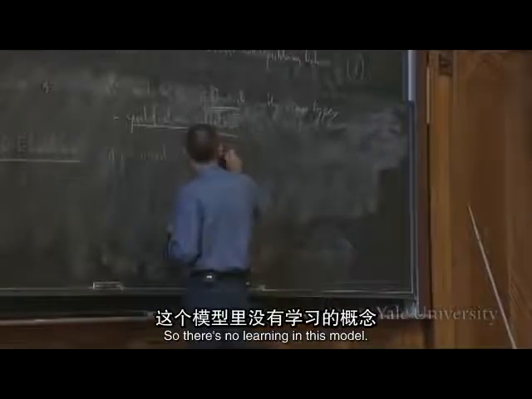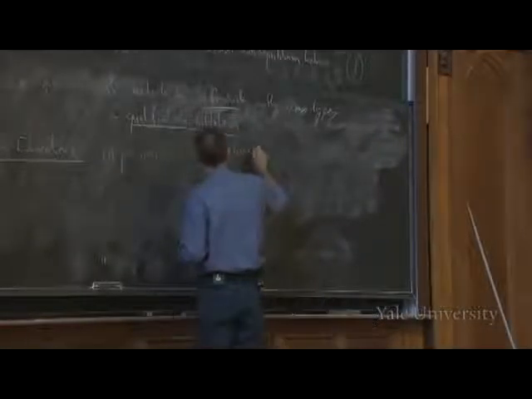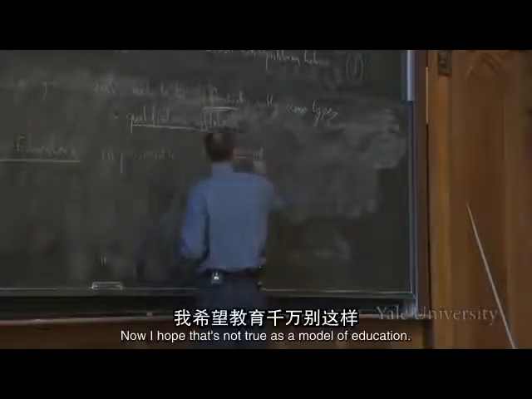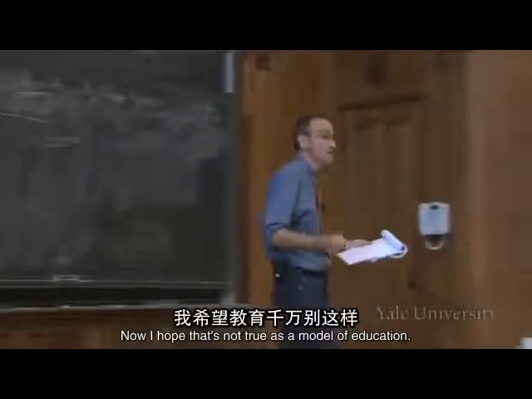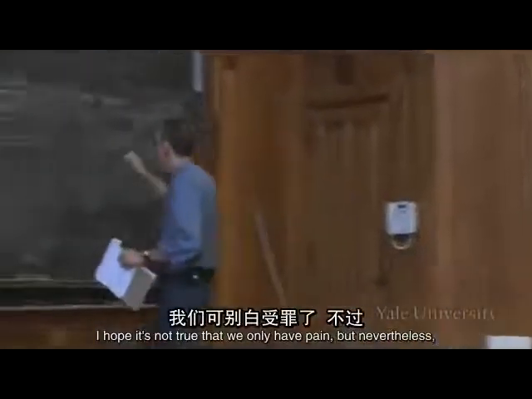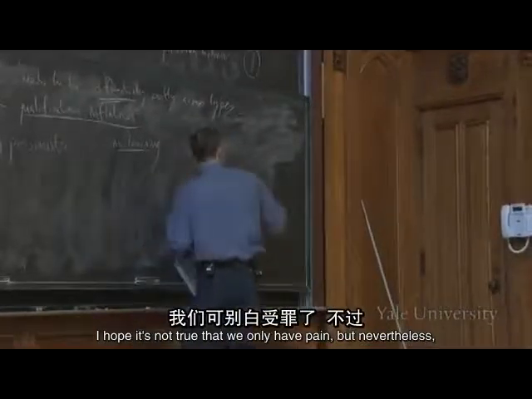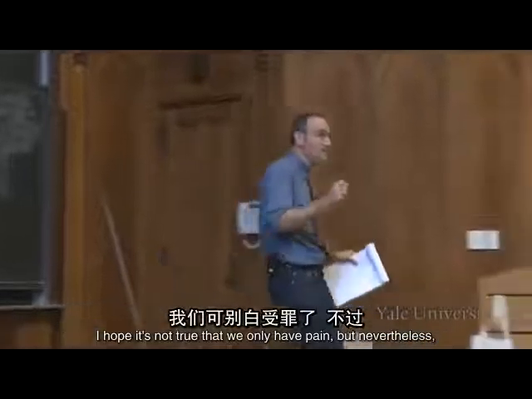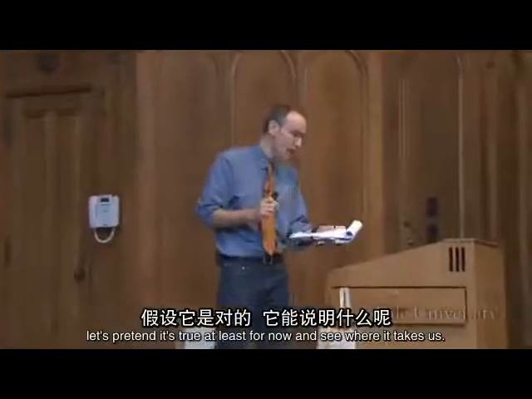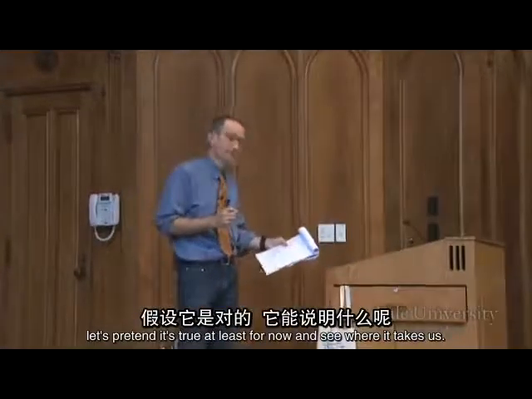All right? So there's no learning in this model. Now I hope that's not true as a model of education. I hope it's not true that we only have pain. But nevertheless, let's pretend it's true, at least for now, and see where it takes us.